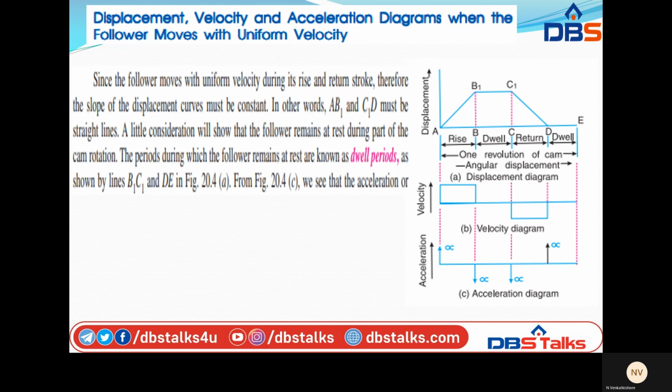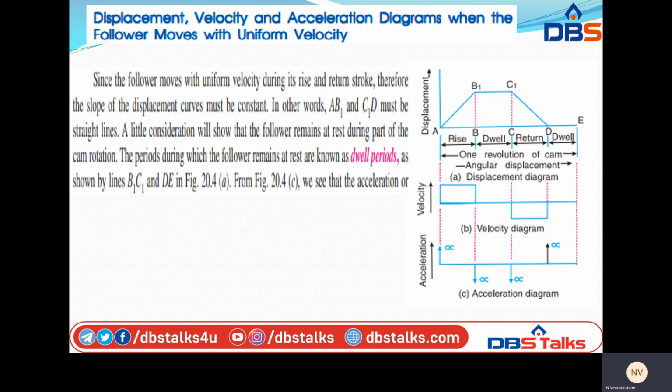And at the end of the stroke it is infinity. This is due to the fact that the follower is required to start from rest, and it has to gain a velocity in no time. This is only possible if the acceleration at the beginning and the ending of each stroke is infinity.